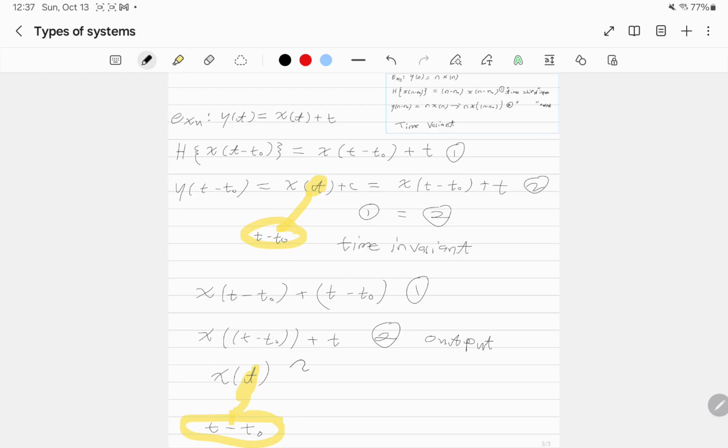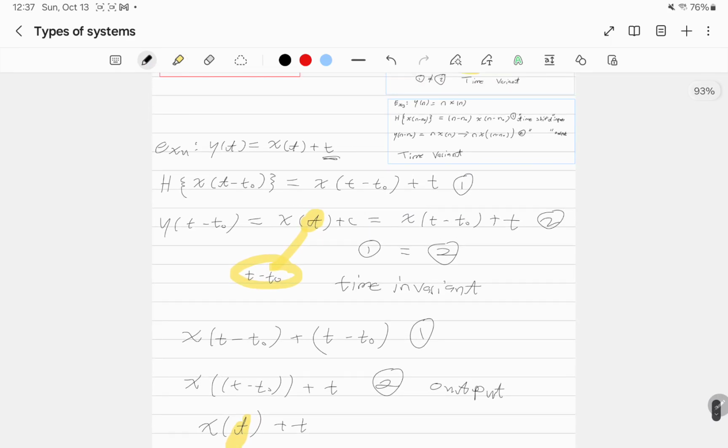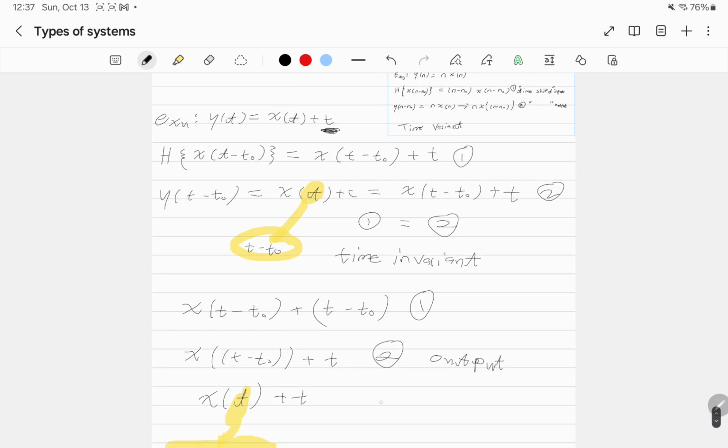And if I have a t, I leave it. I don't do anything with it when I'm shifting on the output. But let's say I'm shifting on the input. The shift on the input, and that's when I add a t minus t naught. The shift on the input is different from the shift on the output. It's a little bit different. So that being said, if this was a t instead of a c, then it would be time variant.